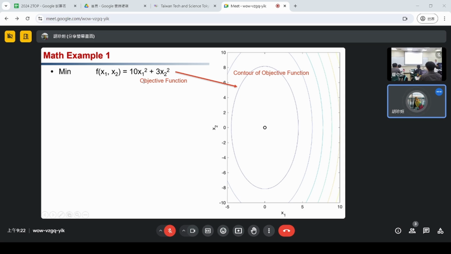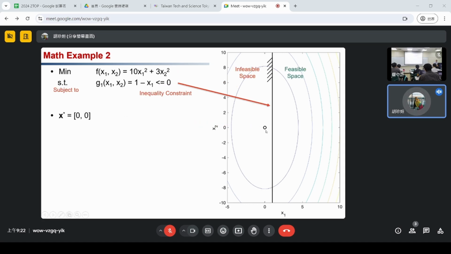It's over here because that's where this function is the smallest. You cannot find any other point that gives you an even lower value. So that's optimization. If you know the function, find the variable that allows the function value to be the lowest. Obviously that's the solution.